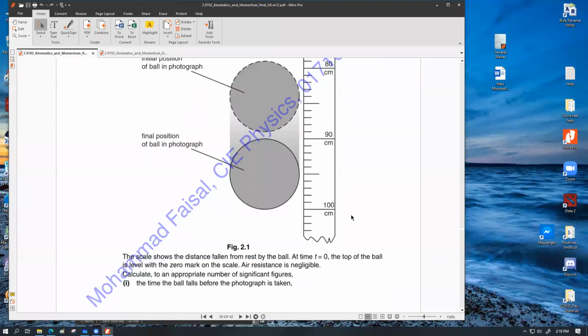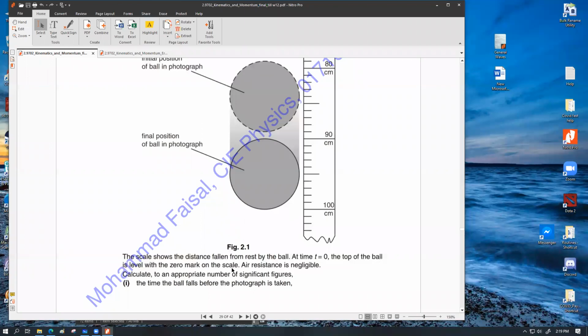Check this out. At time t equals 0, the top of the ball is level with the 0 mark on the scale. Do you understand this sentence, everyone? The reference level for the ball to measure the distances using the ruler is the upper edge of the ball, not the center. I'm highlighting this information because typically we may always measure the distances from center to center, but that is not the case because the question specifies it so.